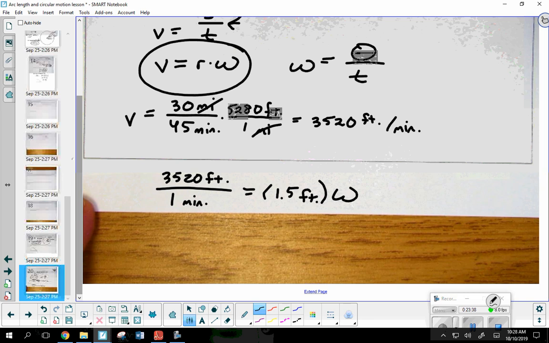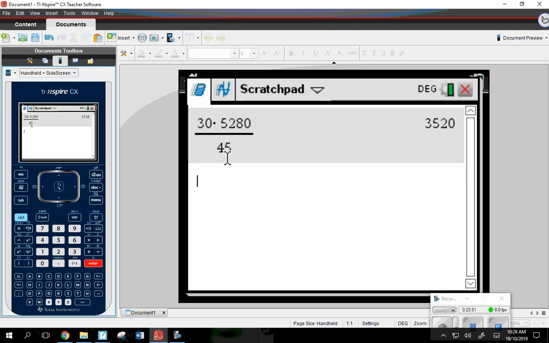How would I figure out omega? You just have to divide, right? But as soon as I divide, what happens? The feet are going to cancel. So I'm going to have 3,520 divided by 1.5.